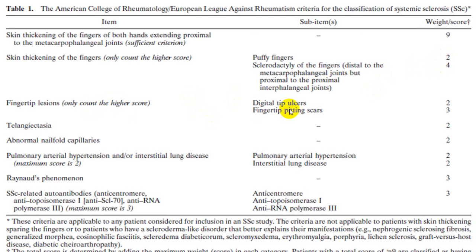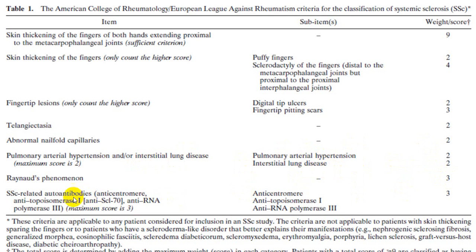Fingertip lesions: tip ulcer 2, fingertip pitting scar 3. Telangiectasia 2. Abnormal nail fold capillary 2. Pulmonary hypertension 2. Interstitial lung disease 2. Raynaud's phenomenon 3.